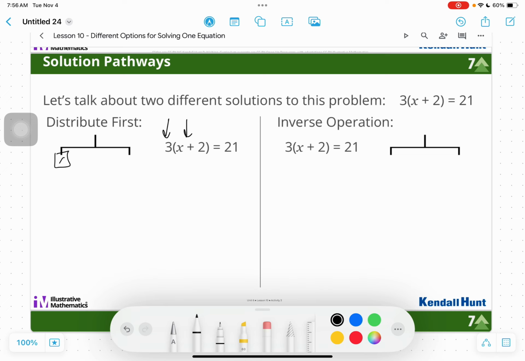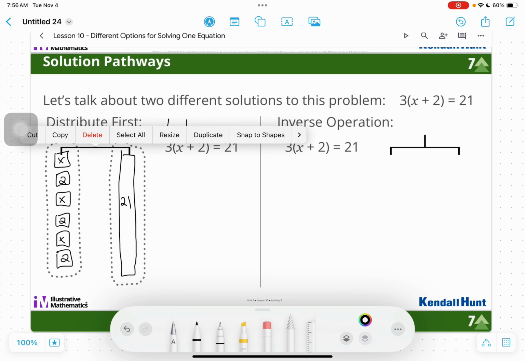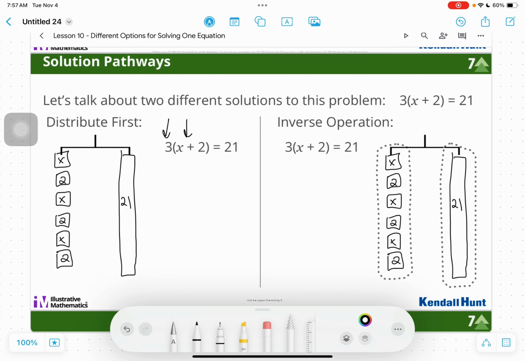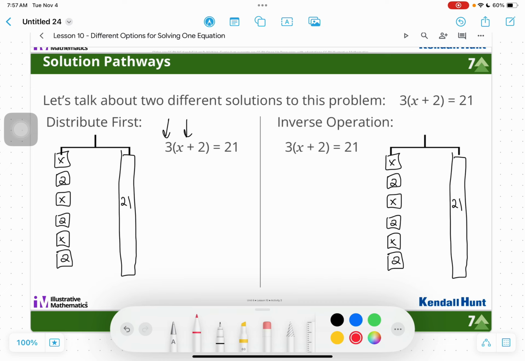That's probably too big. x, 2, x, 2, x, 2, and I have 21 on this side. Let's copy that over to the other side as well. One way to solve this equation is to see equal groups first. 21 split into 3 equal groups is 7. And then from there, I can remove the 2 from each side and see that x is 5.